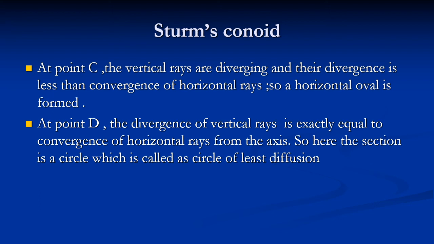So in astigmatism there will be a focal line formation, and in spherical refractive error there will be a focal point. In astigmatic refractive error, there will be a vertical line or a horizontal line. So accordingly, that determines the refractive error. In astigmatism, there can be 5 types of astigmatic refractive errors that will be dealt with in your class on astigmatism.